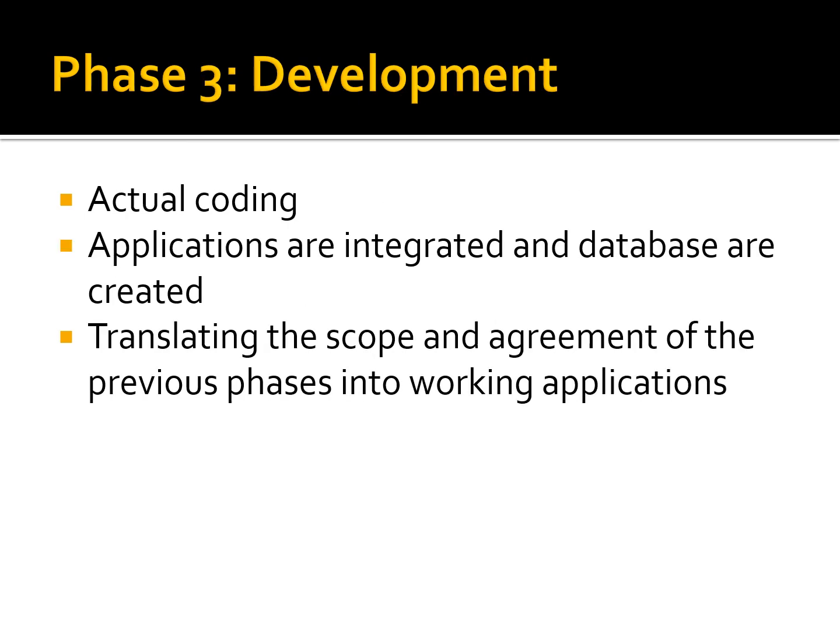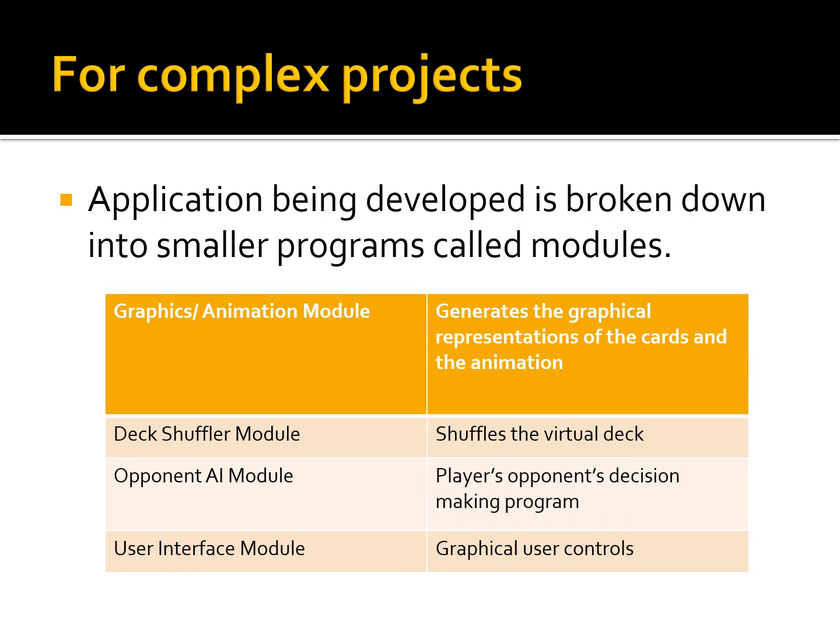Phase 3 is development. In the development phase, this is where the actual coding is done. The applications are also integrated and databases are created, translating the scope and agreement of the previous phases into working applications. So this is actually the hardcore part of any IT project, the actual coding. Now, for complex projects, the application being developed can be broken down into smaller programs called modules.